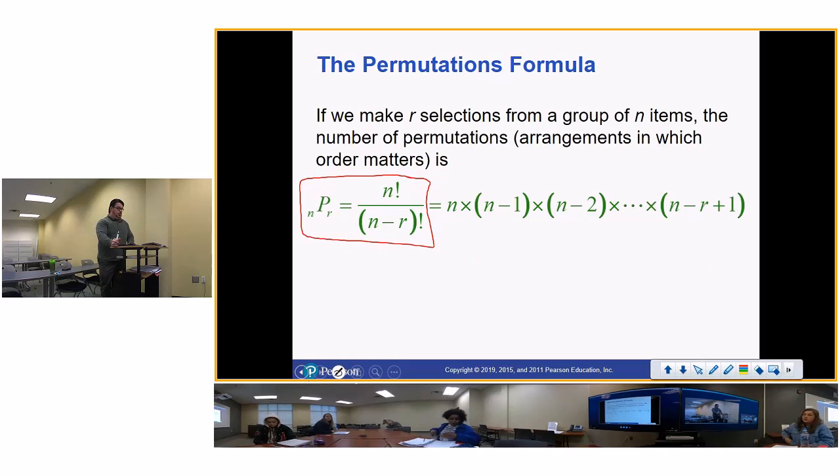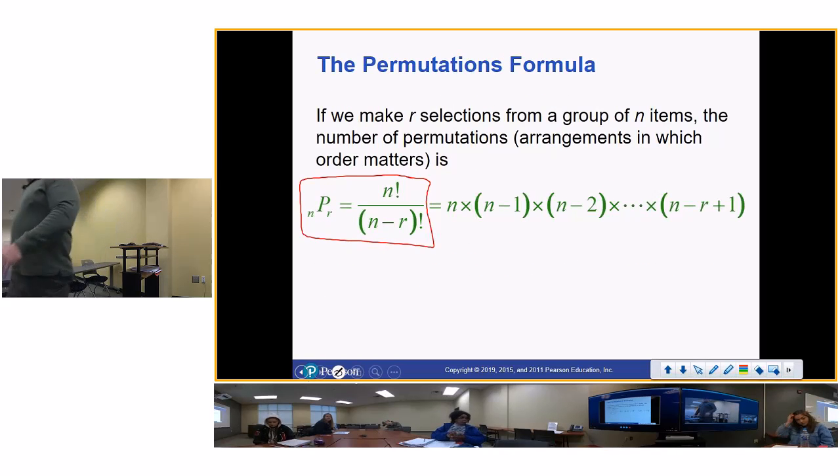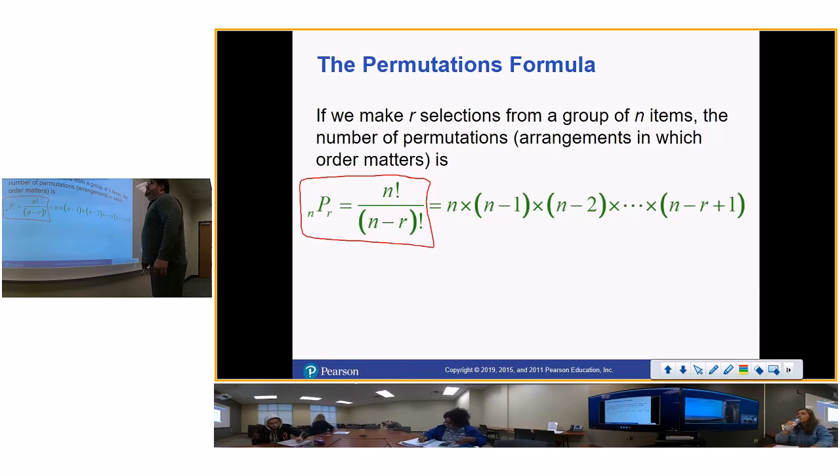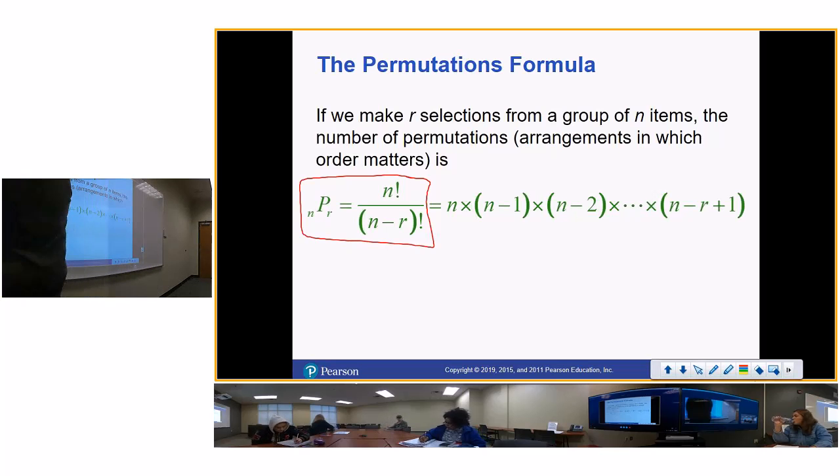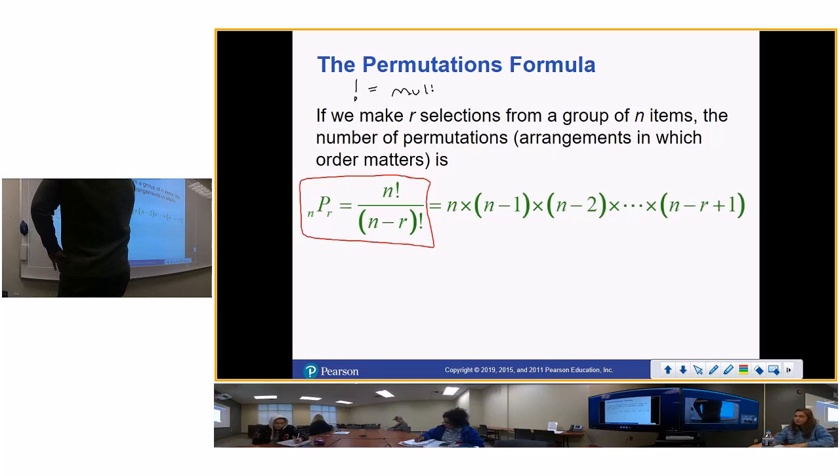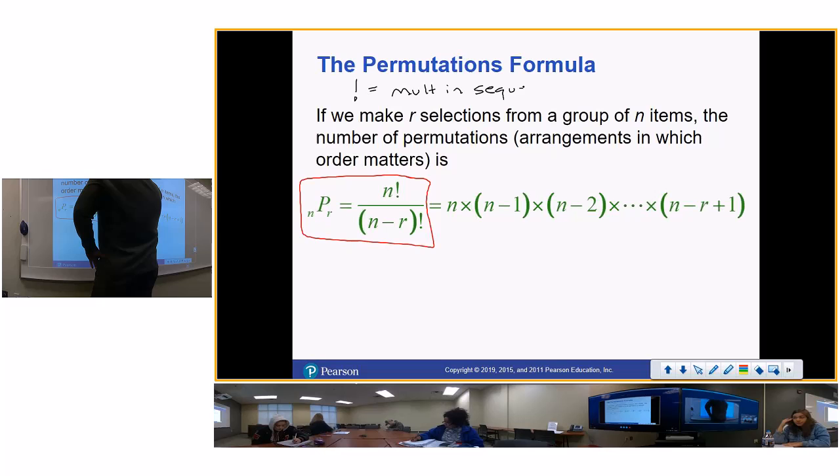Okay. Factorial. What is factorial? It's an exclamation mark. Factorial means multiply in sequence down to 1.